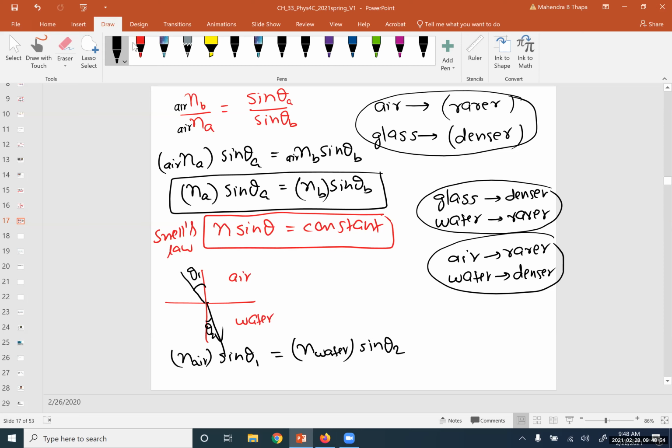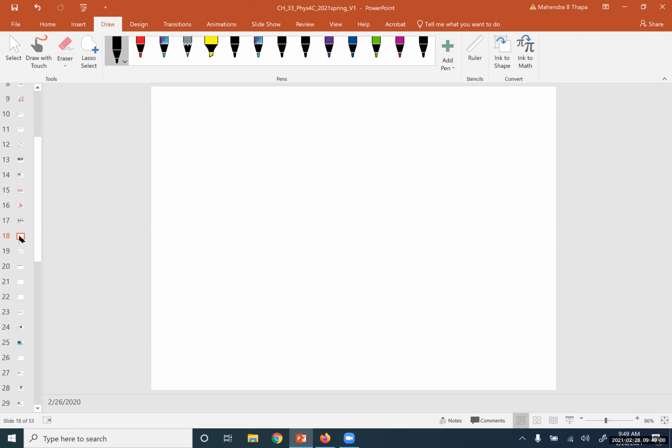So we can write this equation in this format.